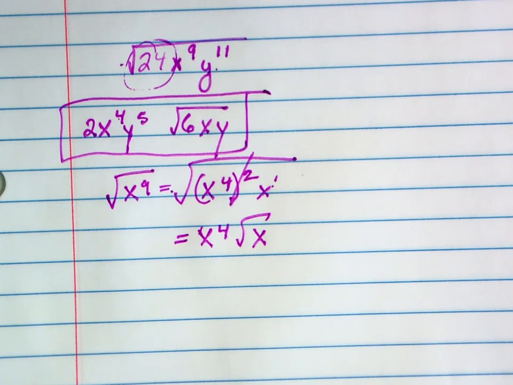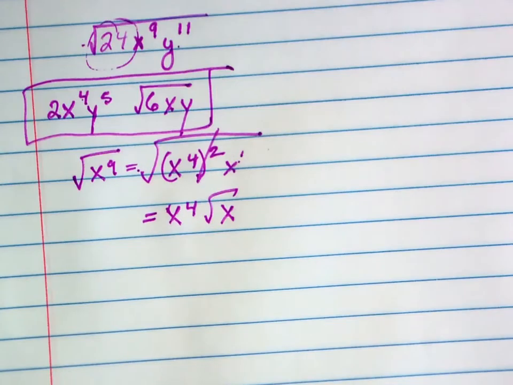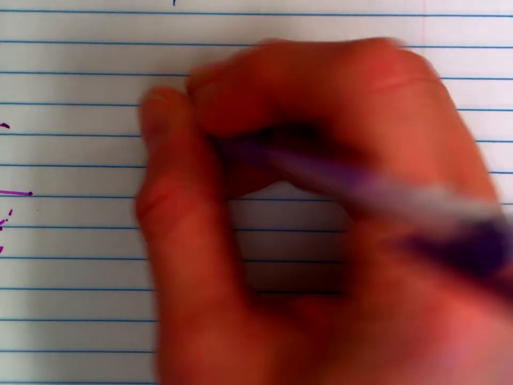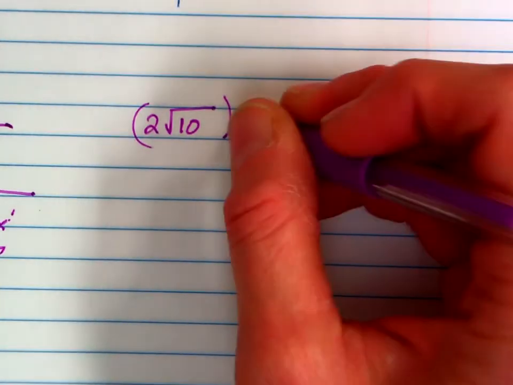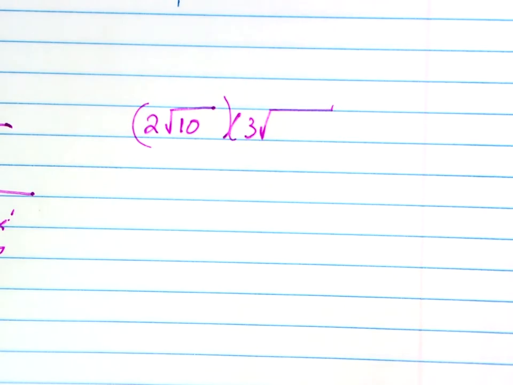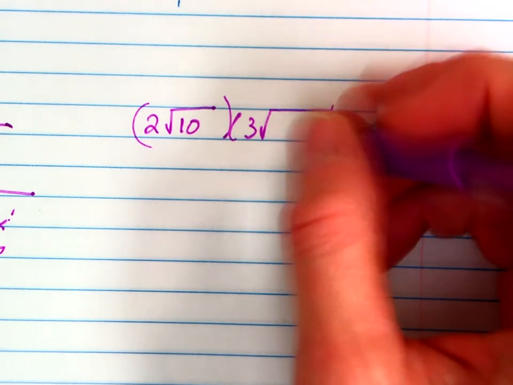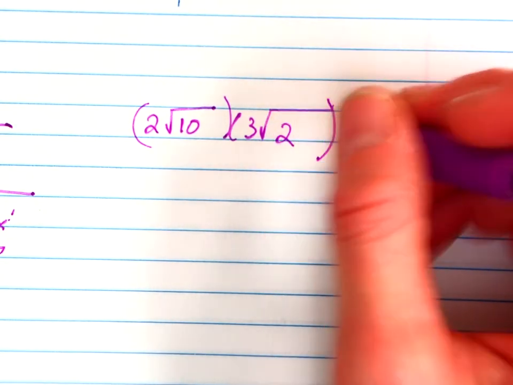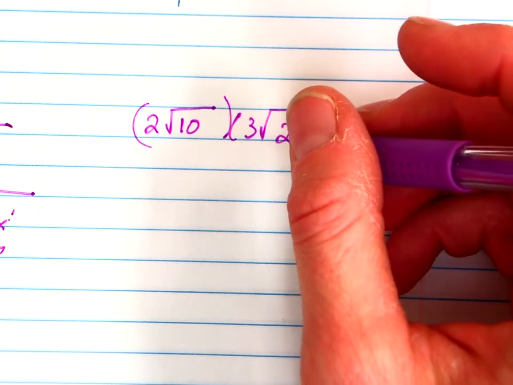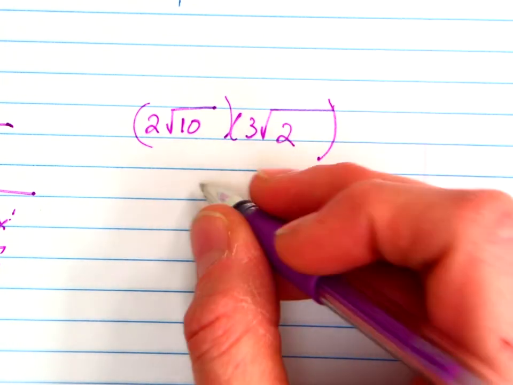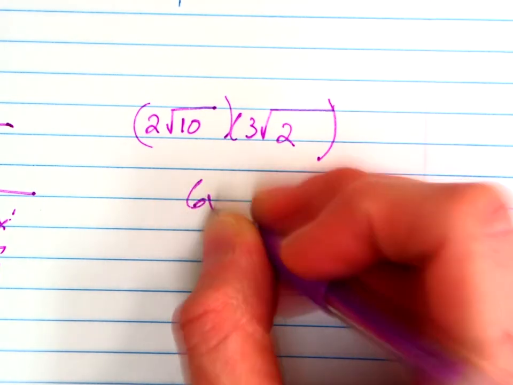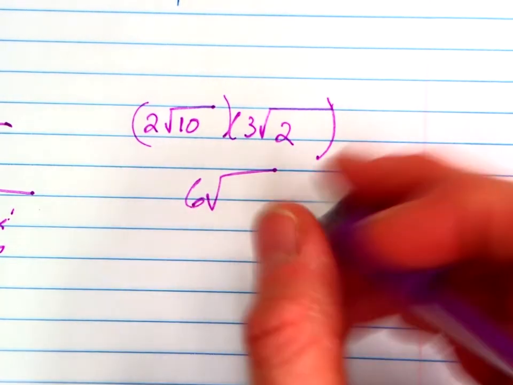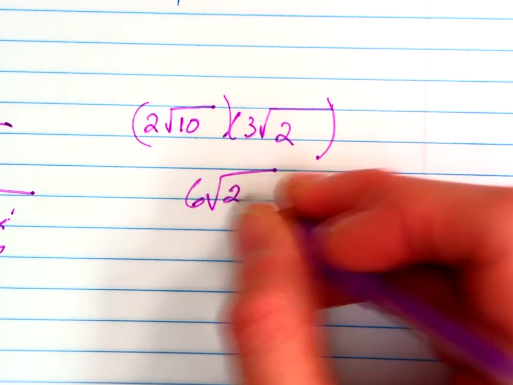Okay, so basically then we move to multiplication, division, etc. We could do something like 2 square root of 10 times 3 square root of 2. So this would be 6 square root of 20.